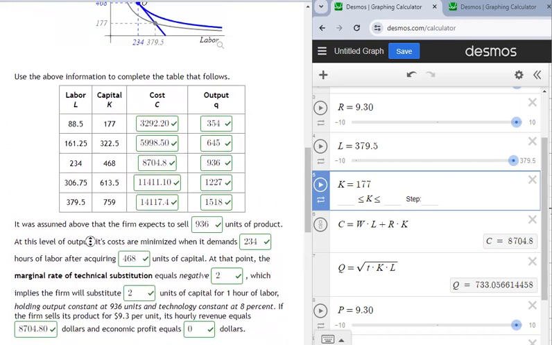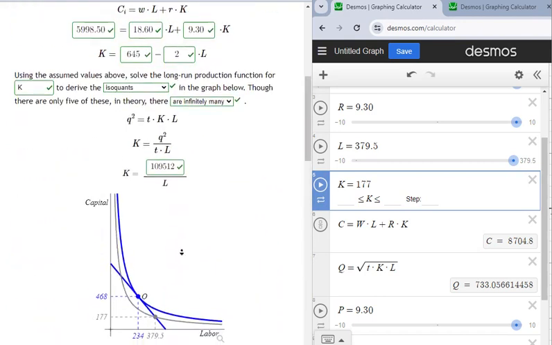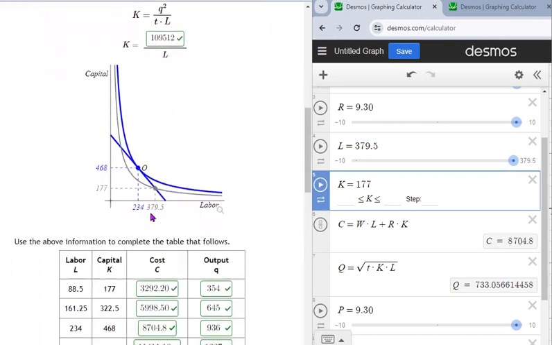And on our indifference curve up here in our graph, this is the situation, right? When labor is 379.5 and capital is 177, that point is on the ISO cost line, but notice it's associated with lower output.